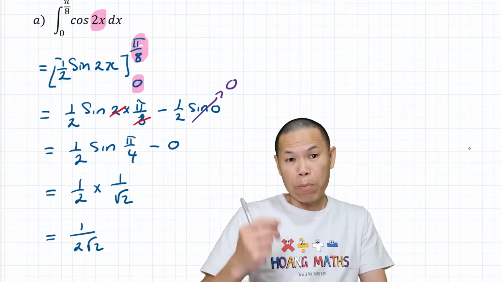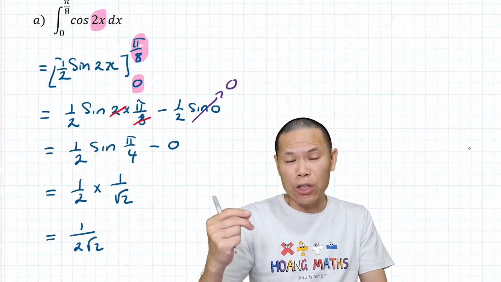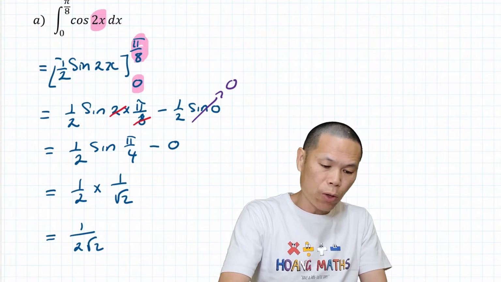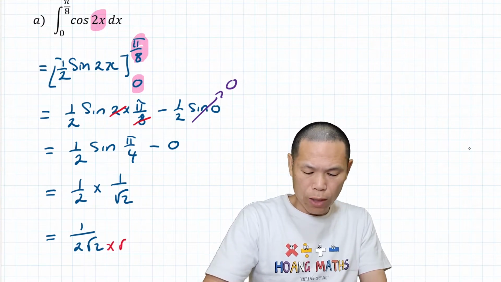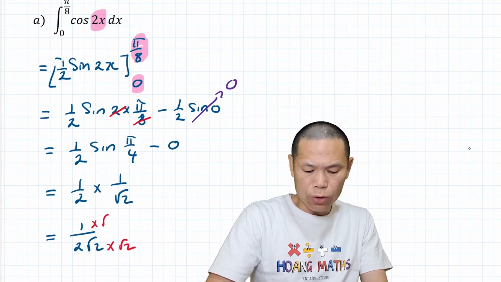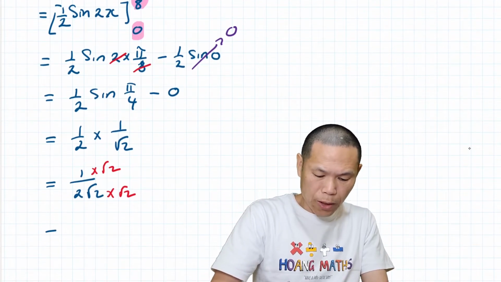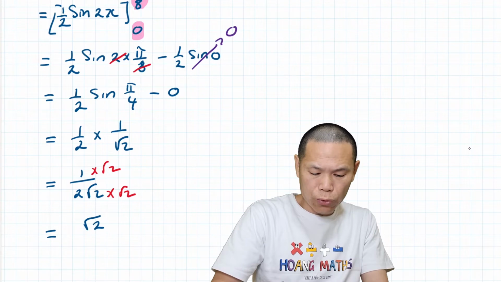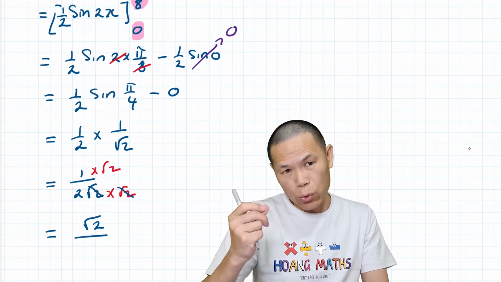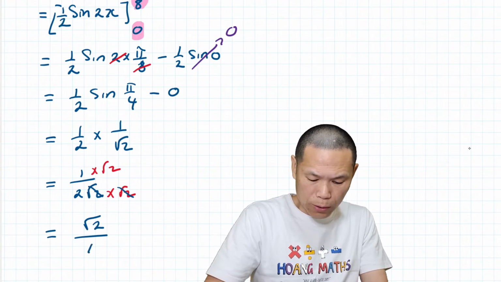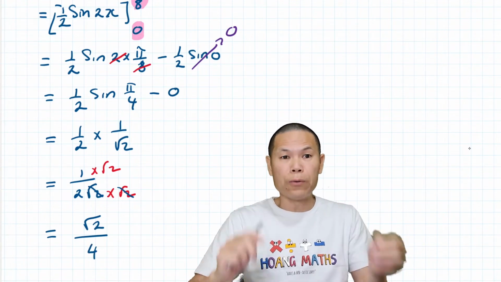So there you go. But then we can simplify this by rationalizing the denominator. So we times by root 2 on the bottom, and we times root 2 on the top. So that will give me square root of 2, and root 2 times root 2 will give me 2, and 2 times 2 is 4. So there you go.